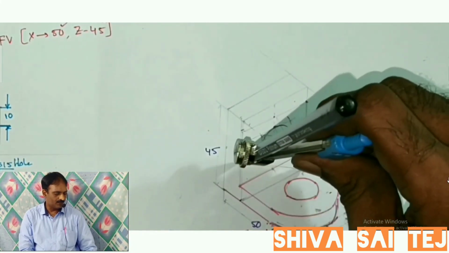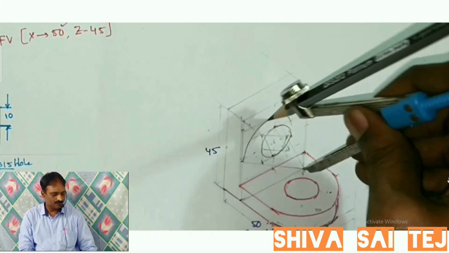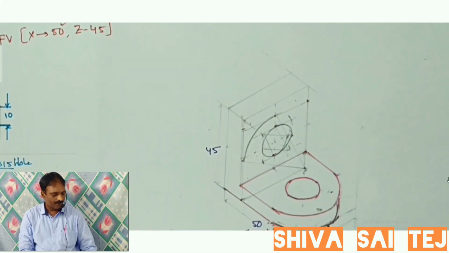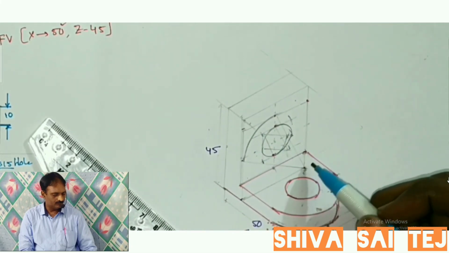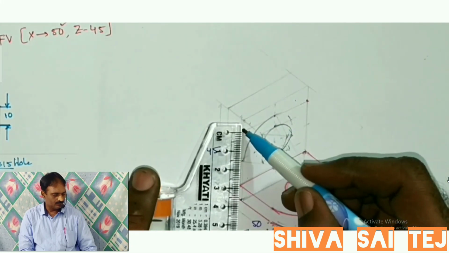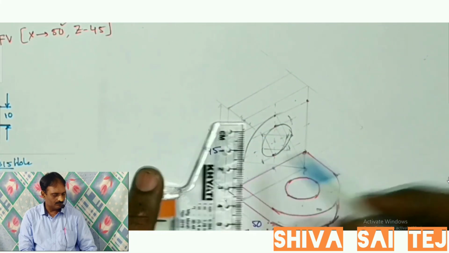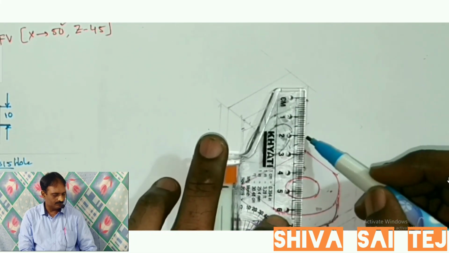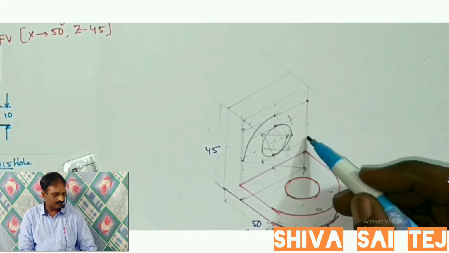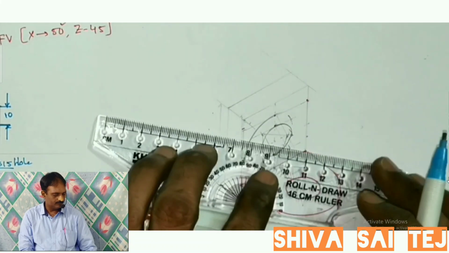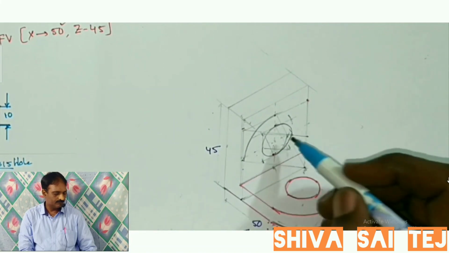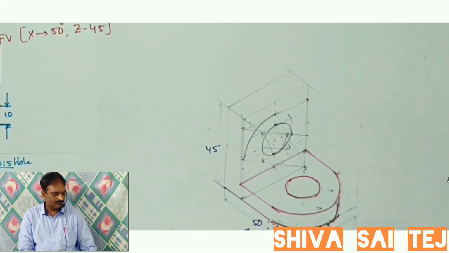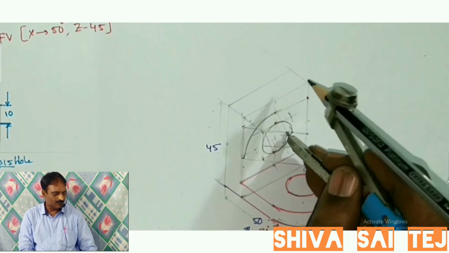Complete the semicircle, complete the arc first. So complete that portion also.